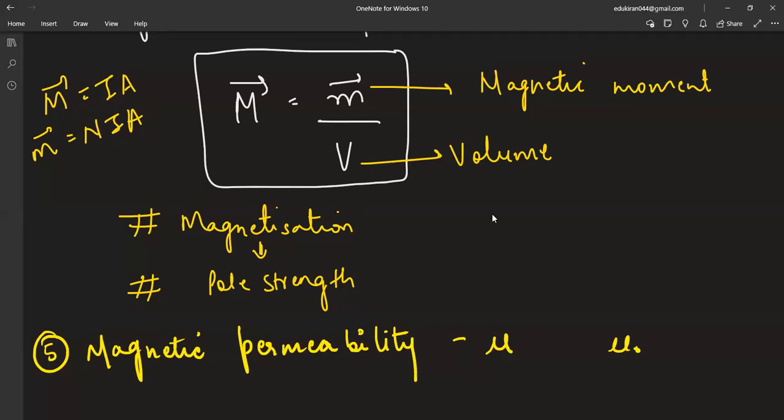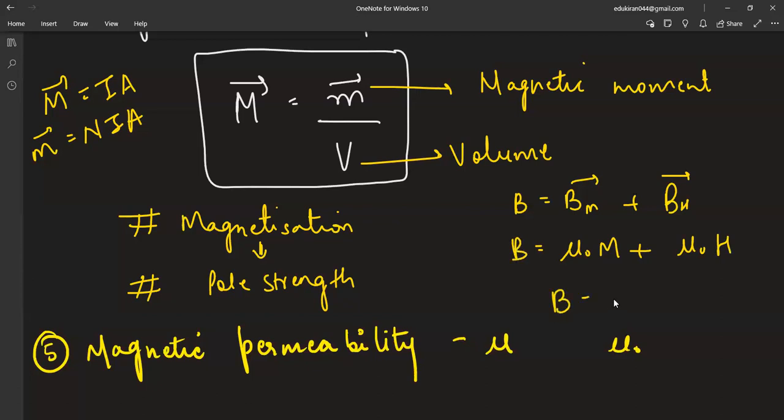And one more thing, see, what will the total magnetic field be? The total magnetic field will be the intensity of magnetization plus the magnetic field intensity. So we write this sometimes as mu m, and this I've already told you is mu h.